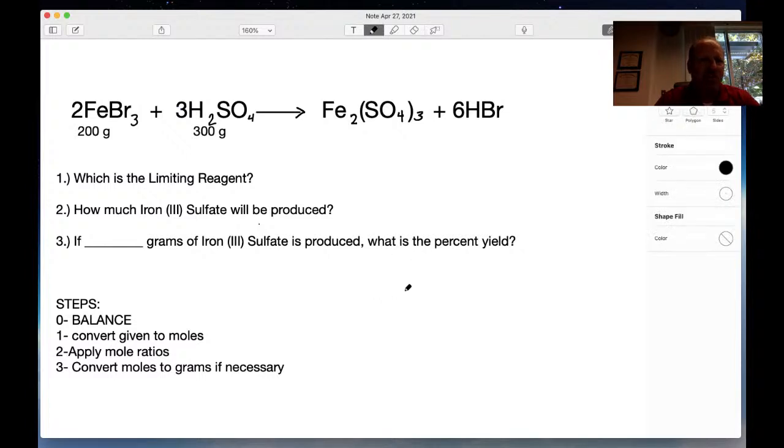So we've got 200 grams of FeBr3. It's acting all crazy, so hopefully it gets caught up and we get back to normal. Okay, so 200 grams.